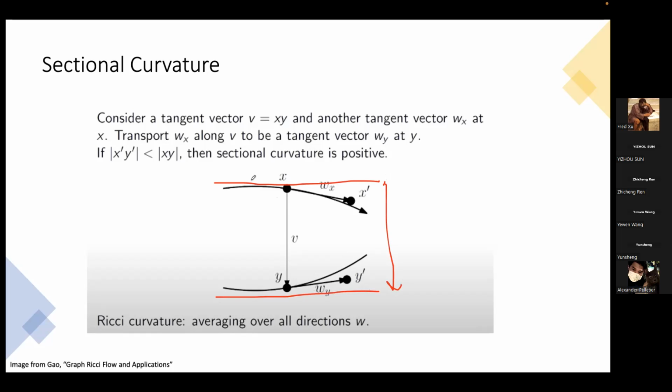So the idea of a sectional curvature is basically talking about if you go from x in its tangent vector's direction for some time, how it would affect the distance between these two points. And the Ricci curvature is basically a generalization where you take expectation over all the possible directions at x and at y.